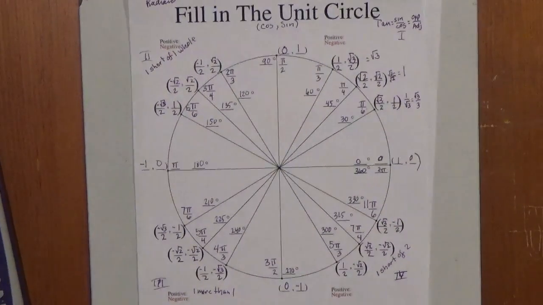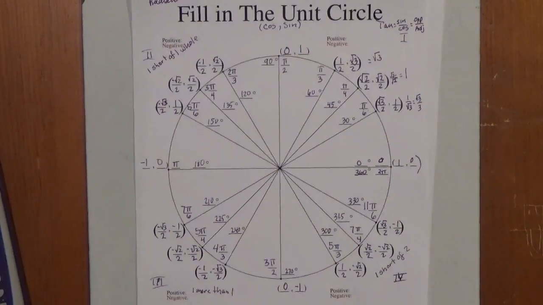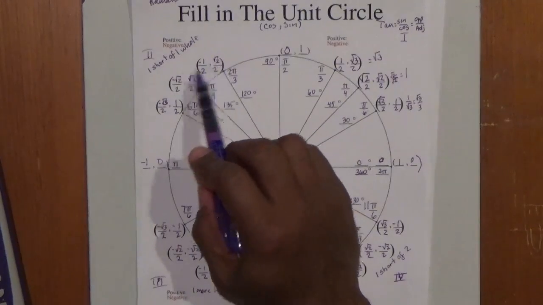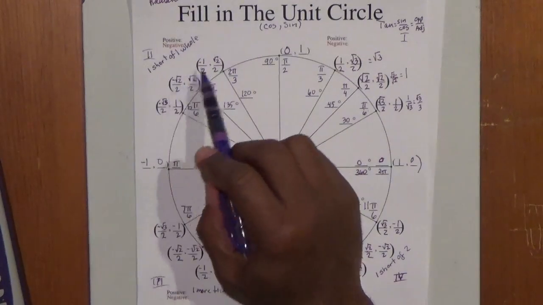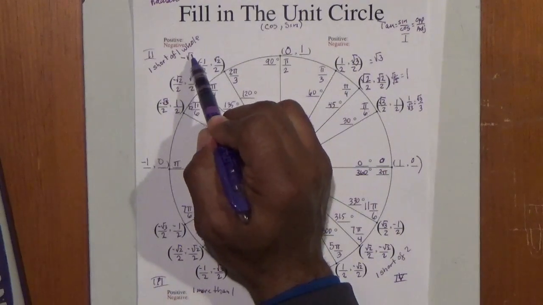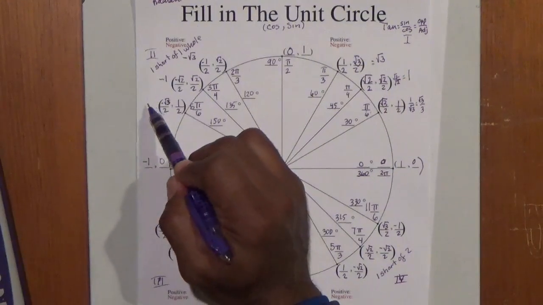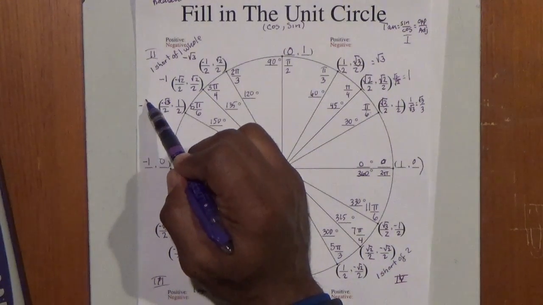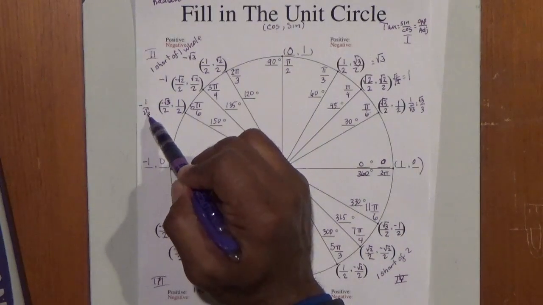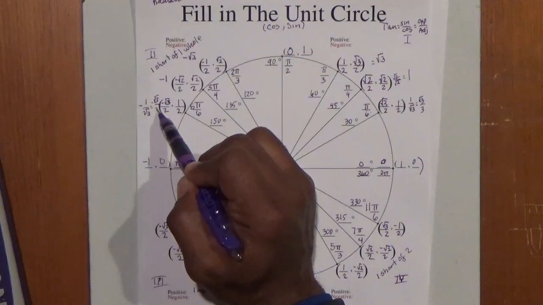Now, if you have that, then you can just follow and make sure you're in the proper signs. So here, it's a positive over a negative. So all these answers for tangent are going to be negative. So we'll go negative root 3, negative 1, and negative 1 over root 3, or negative root 3 over 3.